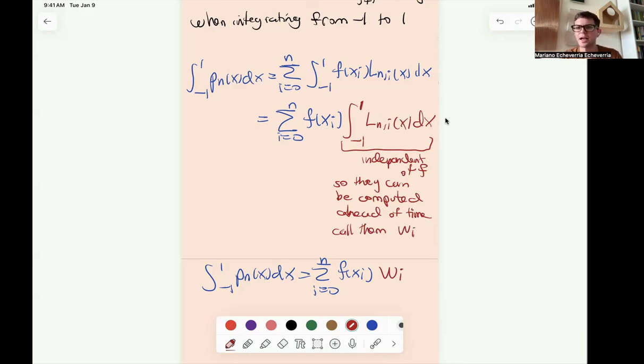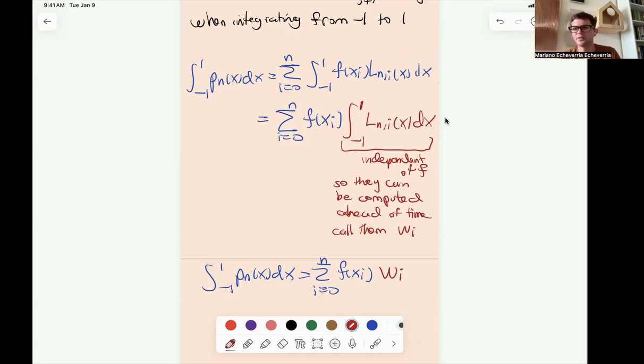That gives you a very concrete formula, because you can just look the weights up online or in the textbook. It's something the computer would have available to extract, already computed and ready to go.